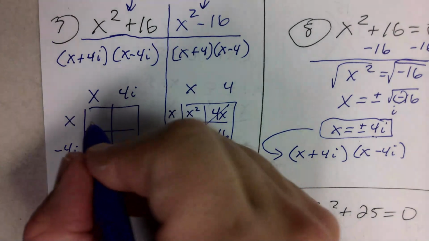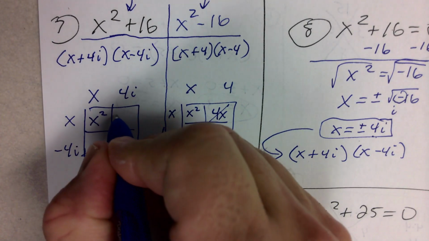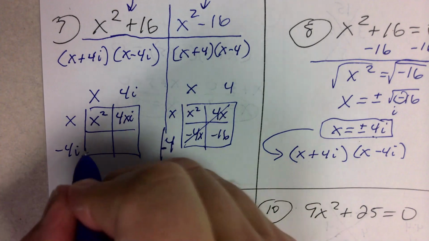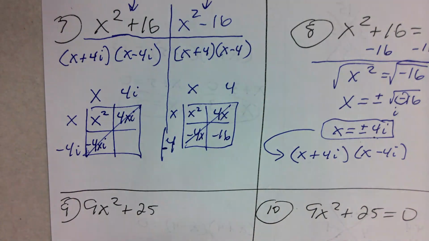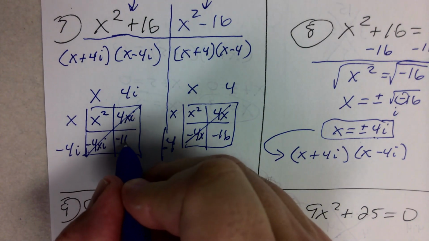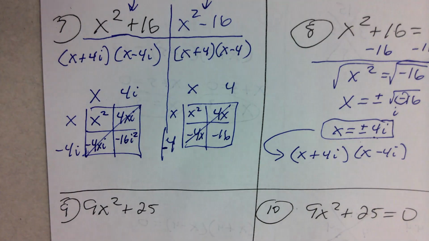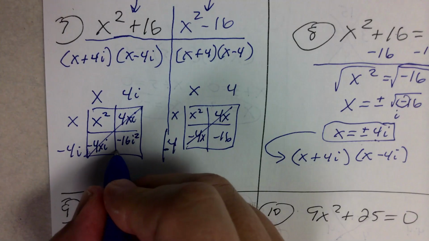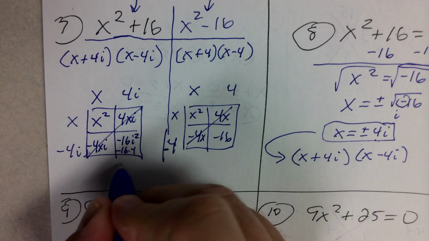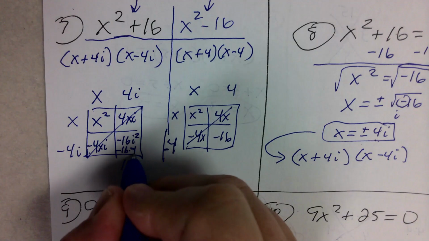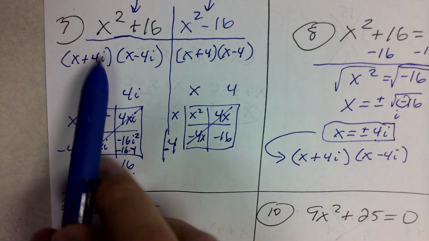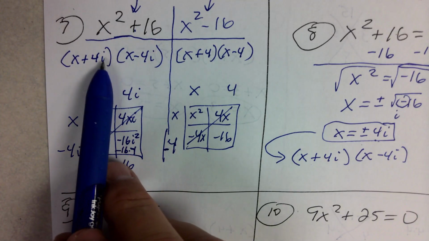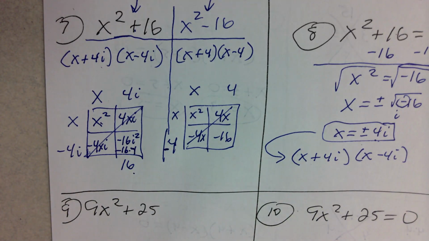On this one I have x squared, a 4xi, negative 4xi, they cancel, and I have a negative 16i squared. Well, that's negative 16 times negative 1, which is positive 16. So x squared plus 16. If you have the sum of two squares, you have to include the imaginary.